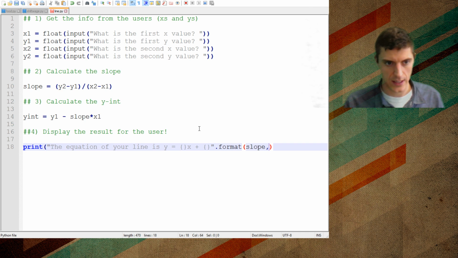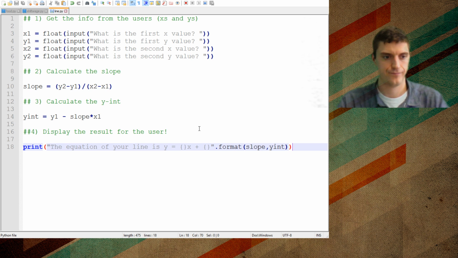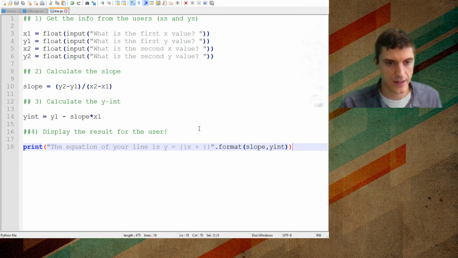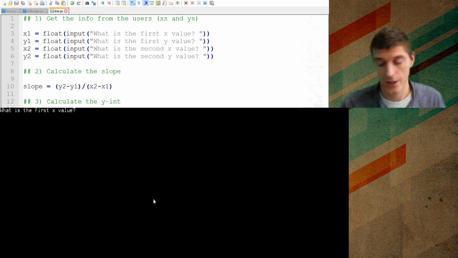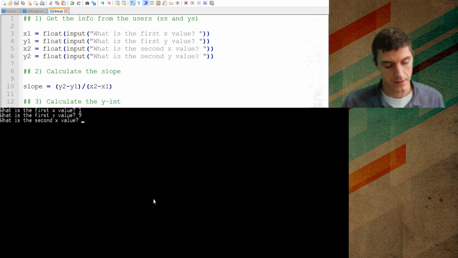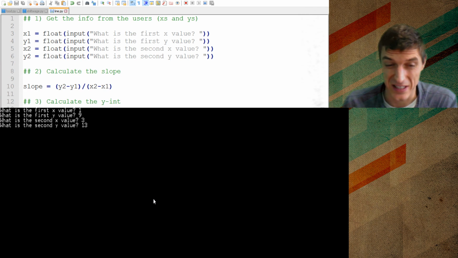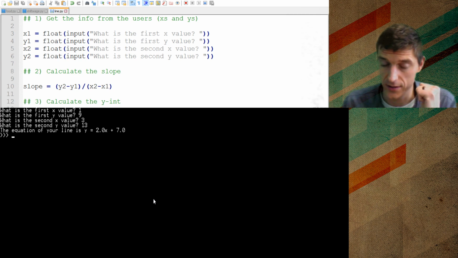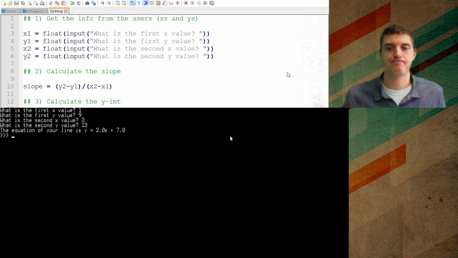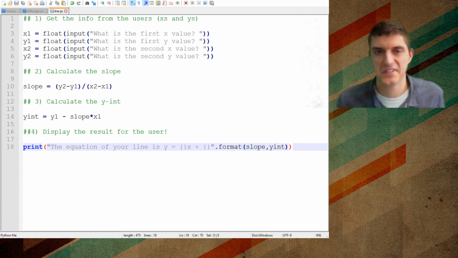The second one is the y-intercept, is what I called it. Control S. All right, let's run it. So if I put in those ones, it should work, right? 1, 9, 3, 13. So this should say y equals 2x plus 7. And it does. Perfect. Awesome. It's good to do good.